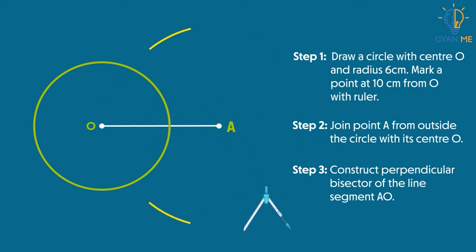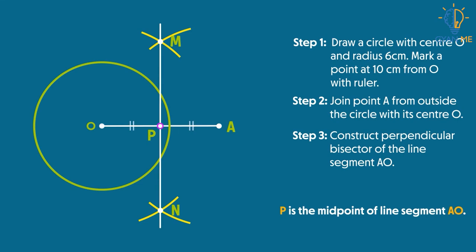Now taking O as the center with the same radius, draw two other arcs, one above and below, so they intersect previous arcs at M and N. Now join MN. This is the required perpendicular bisector of AO, intersecting AO at point P. Thus, P is the midpoint of line segment AO.